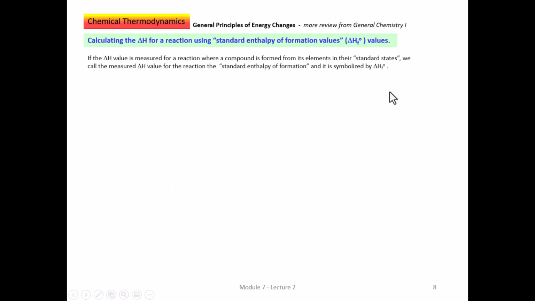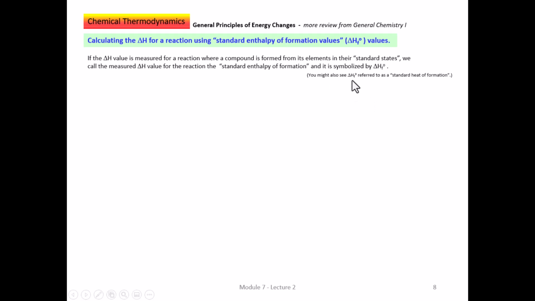We can also calculate or estimate the delta H for a reaction using what's called standard enthalpy of formation values, delta H sub F with a little superscript 0. If the delta H value is measured for a reaction where a compound is formed from its elements in their standard states, we call the measured delta H value for the reaction the standard enthalpy of formation, and it's symbolized by delta H sub F superscript 0.